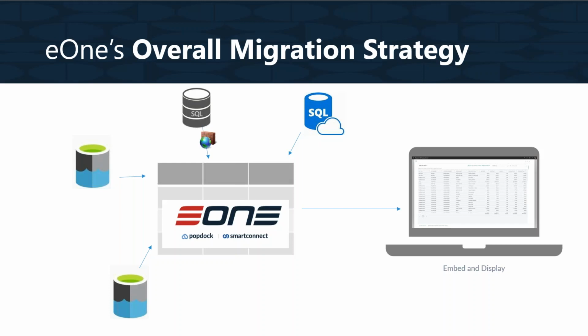Whereas what we're showing in Popdock is archiving that data to a data lake and then making it available in the new system without necessarily bringing it all into the NetSuite structure. So I just wanted to get that out there so you have a grasp of where this all fits into your migration strategy.